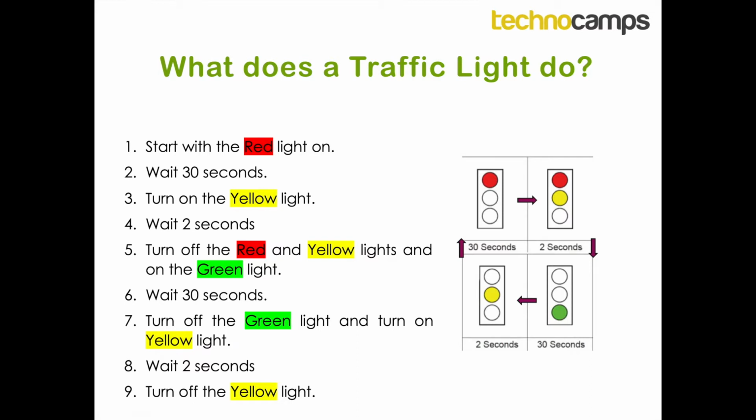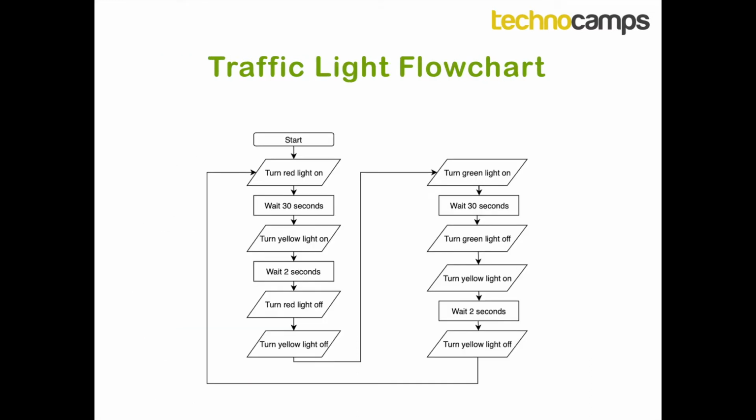We could also create a flow chart. So this is something that you've probably looked at in computer science lessons. And this just shows that same process, but in a sort of more formal way. So we have our start box at the top, all of these angled boxes here, these are input or output boxes.